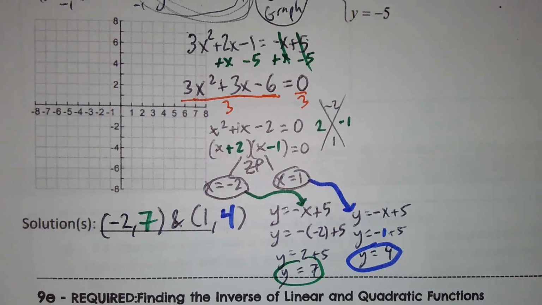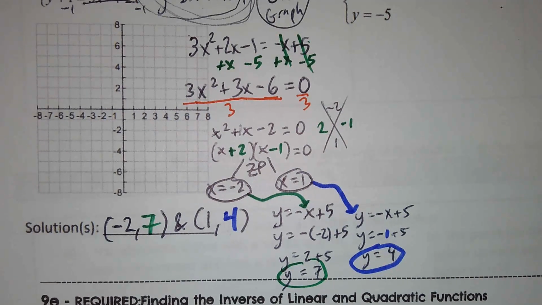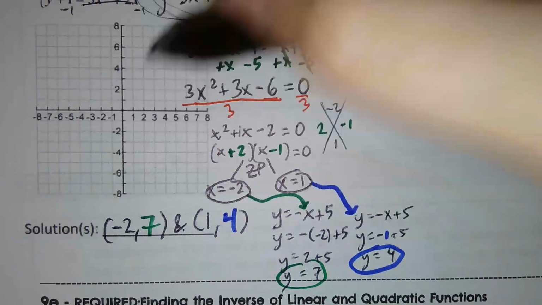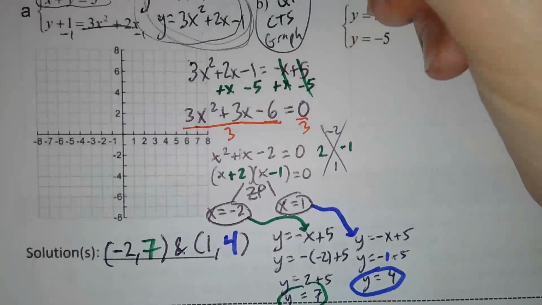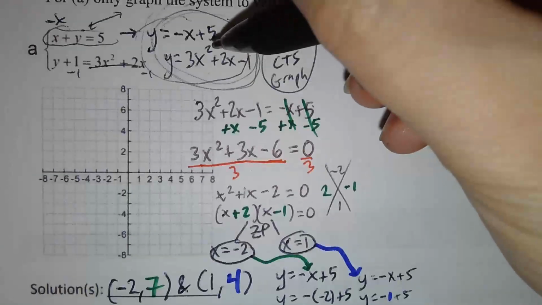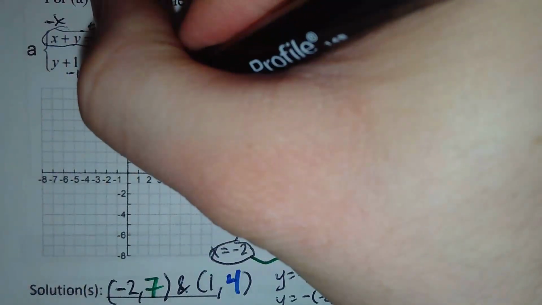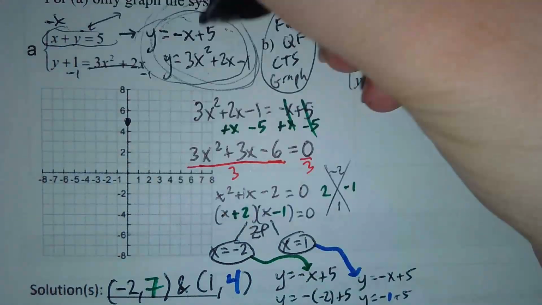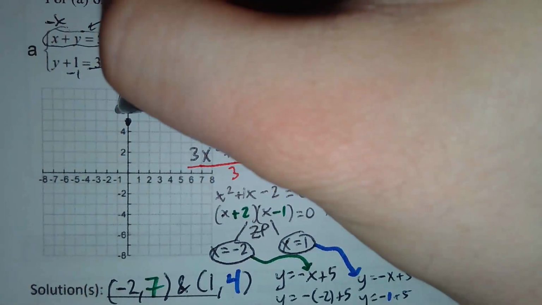So this question asks us to verify our answers based on the graph. Our first equation is negative x plus 5. So that's going to be a y-intercept of 5 and a slope of negative 1.